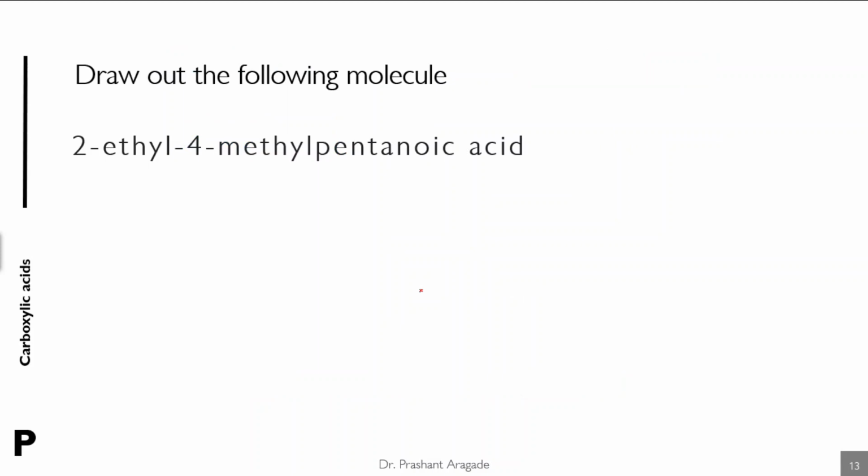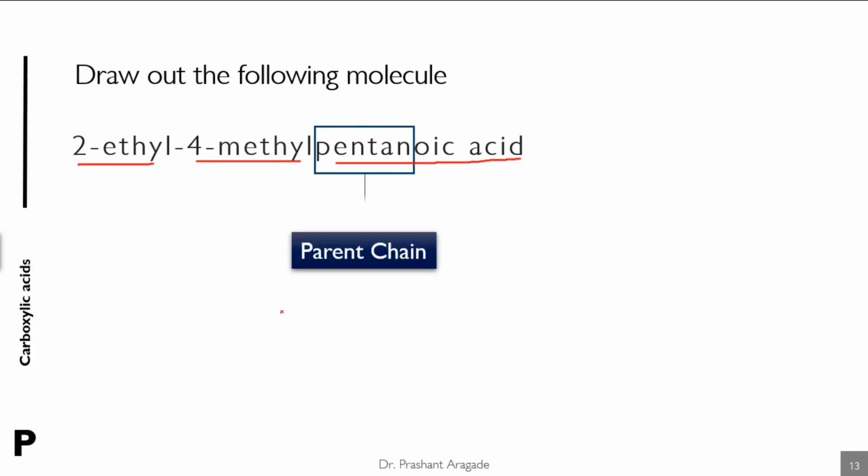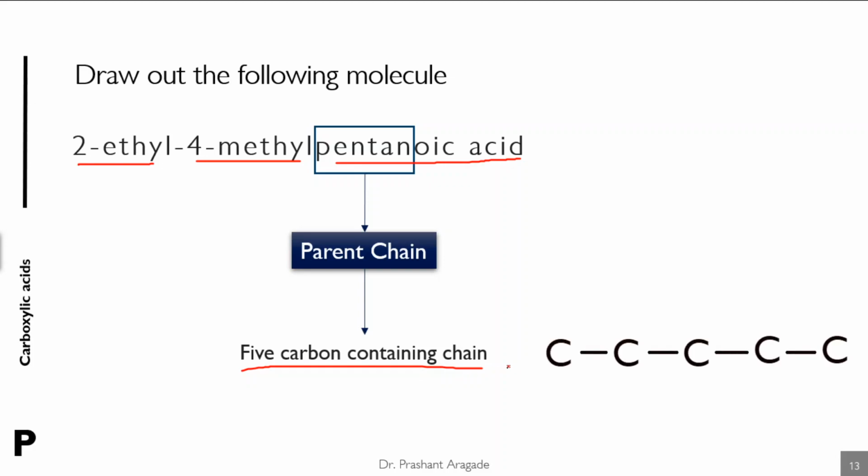So let's try to draw the following molecule, and the molecule is 2-ethyl 4-methyl pentanoic acid. First you have to choose the parent chain, that is pentane, which means it contains 5 carbon atoms. So just draw a carbon skeleton and number from one end.